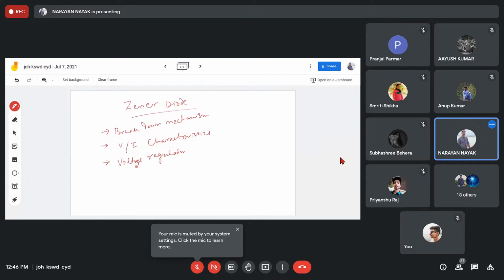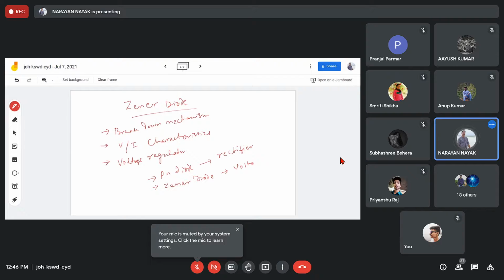Okay. So generally, the first thing you should know is the difference between the PN diode and the Zener diode. This question may be asked anywhere. Okay. So the PN diode is generally used for rectifier purposes, and the Zener diode is used as a voltage regulator.